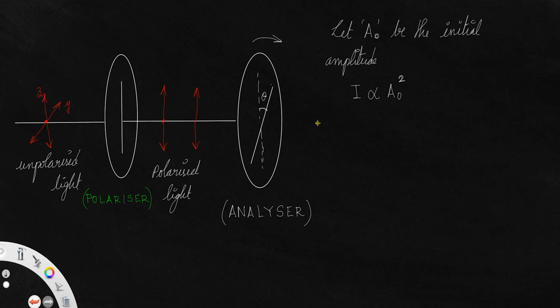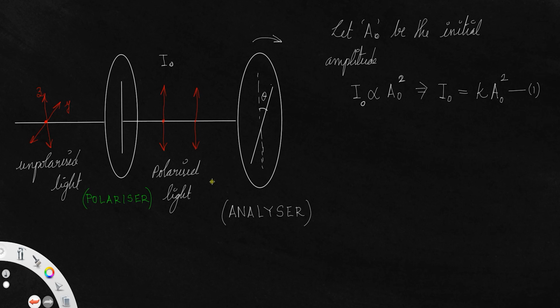Let me take the initial intensity, or the intensity of the polarizer, be some I0. So I can write I0 is equal to some k times, if you remove the proportionality, you have to multiply with a constant, so k A0 square. Let me call that equation number 1.